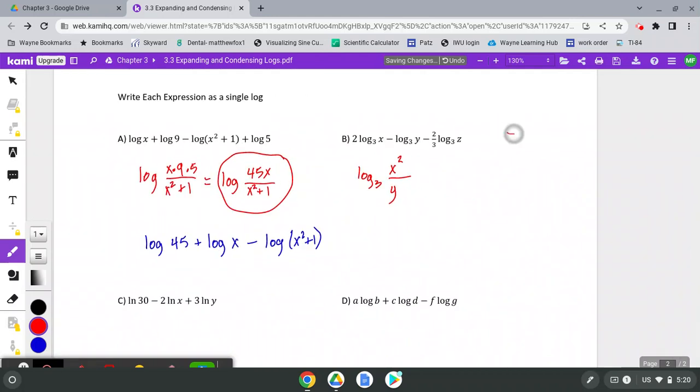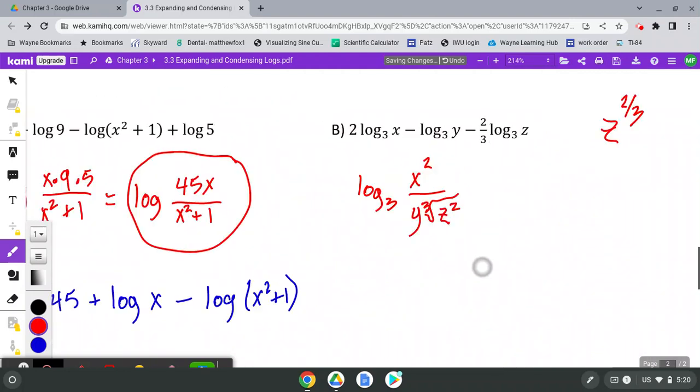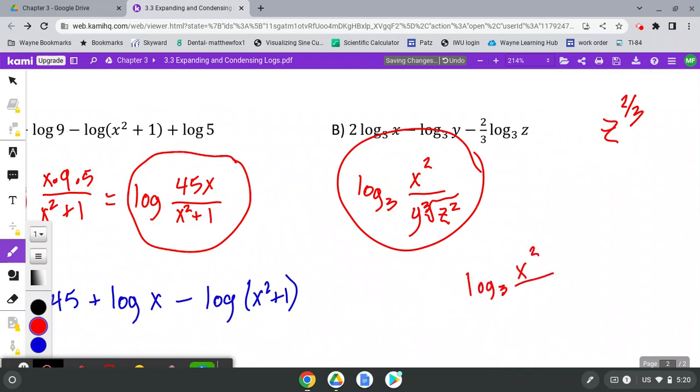You can either think of it as z to the 2/3, and that actually is right, or we can put z squared inside of a cube root. That means the same thing. I don't care which one you have. You can either have that, what I have right here, or if you prefer, you could do log base 3 of x squared over y times z to the 2/3. Either of those is correct.